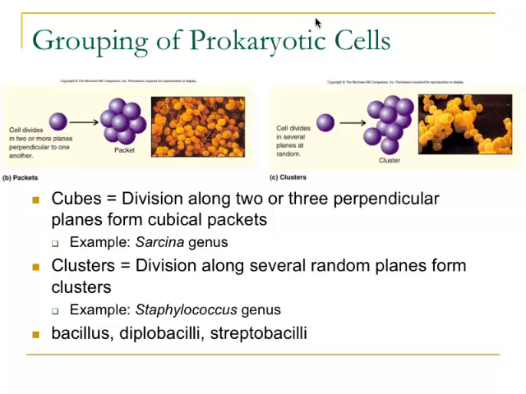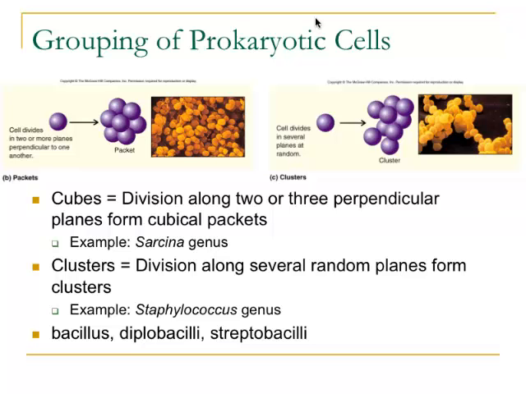And then if the planes are random and not perpendicular, so not at an exact 90-degree angle, then it tends to look more like a cluster. And Staphylococcus is an example of that, which translates as grape-like spherical cells.